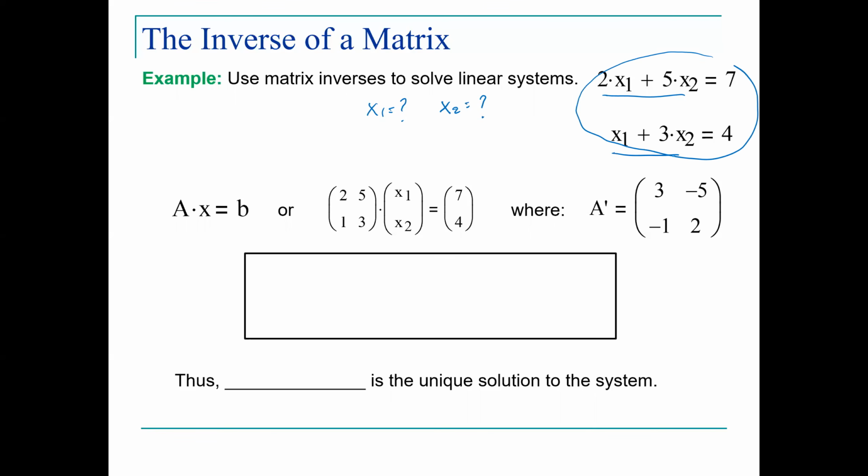If we form the matrix form, these are the coefficients, this is the vector of decision variables, and this is the right-hand side. We know the value of the inverse, since we found it in the previous example.